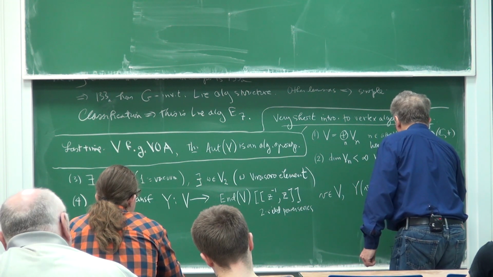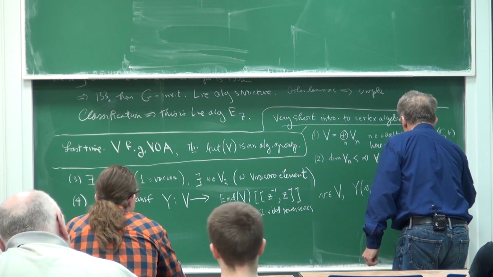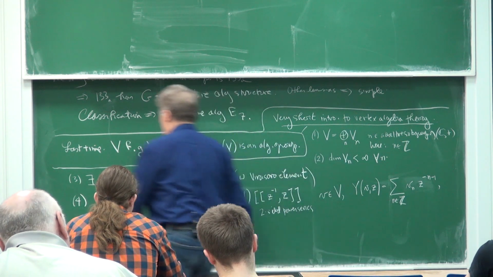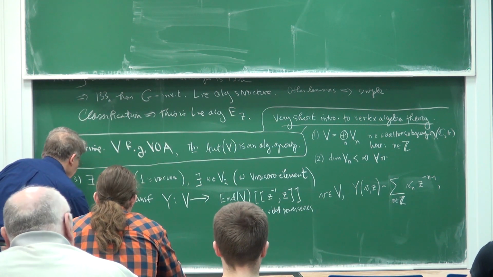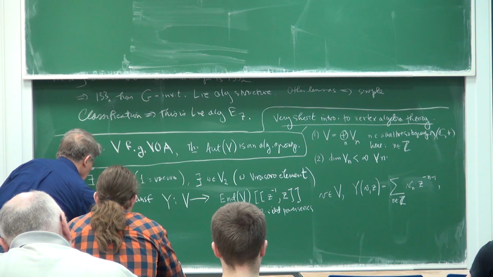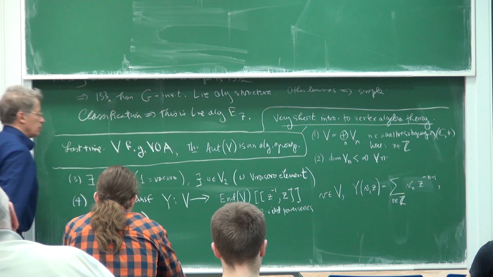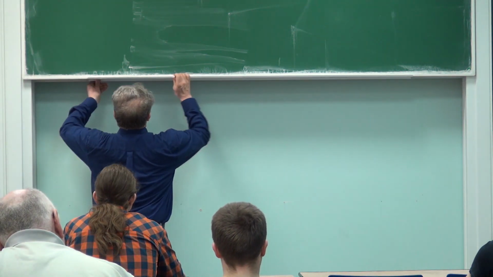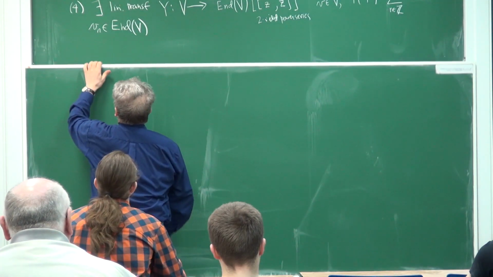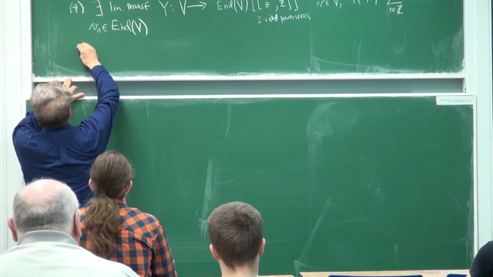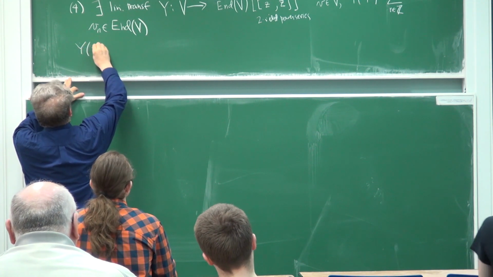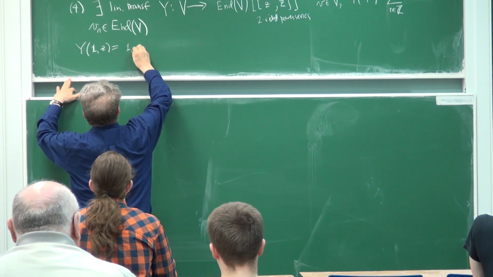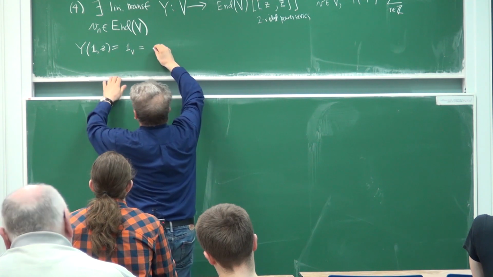So Y of v, z looks like the following: the sum of v_n z to the power minus n minus 1, where v_n is an endomorphism of V. And Y of the vacuum element is just the identity on V, and that really is a two-sided series.